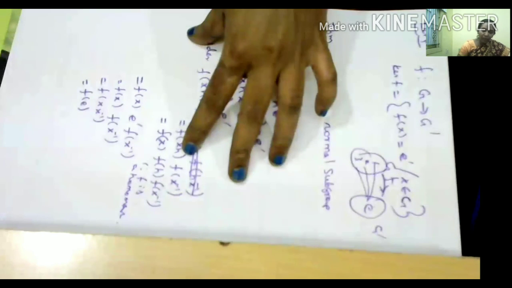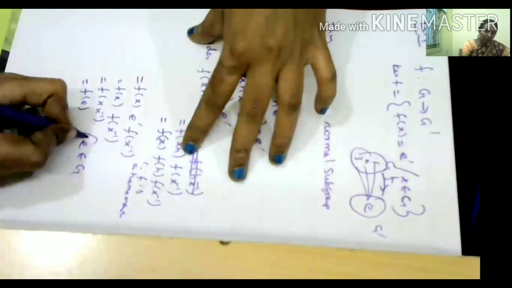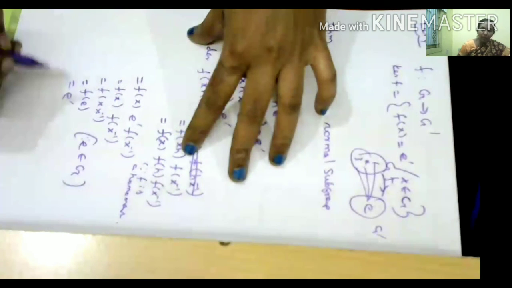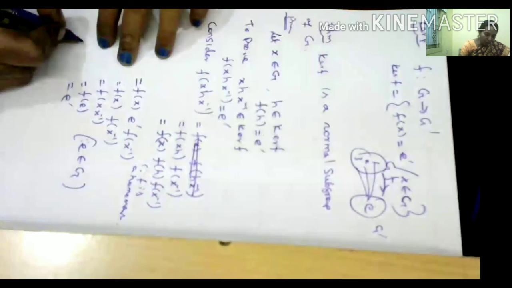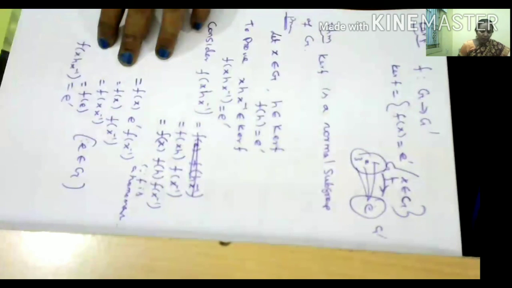So what is F of E? E belongs to capital G. Since F is the map defining kernel F, any element from capital G is mapped to the identity element in G dash. So F of E is E dash. So we have proved that F of X H X inverse is equal to E dash.